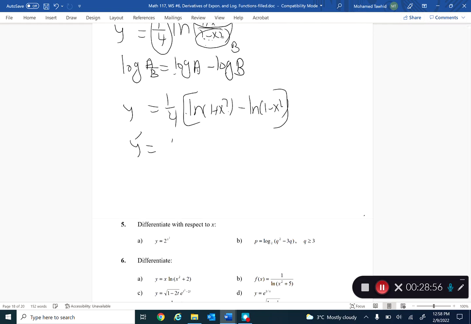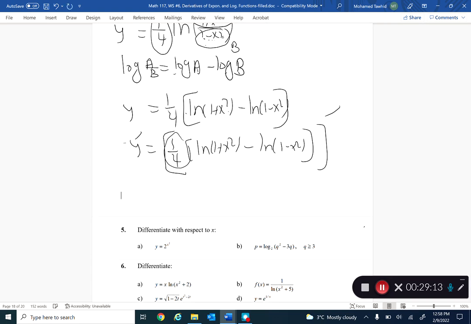Y prime, I have to take the derivative of both sides. So you have 1 over 4 times ln(1 plus x squared) minus ln(1 minus x squared), the whole thing prime. 1 over 4, that's a constant. I can grab it outside, no problems, right?